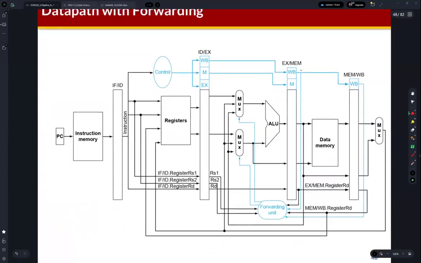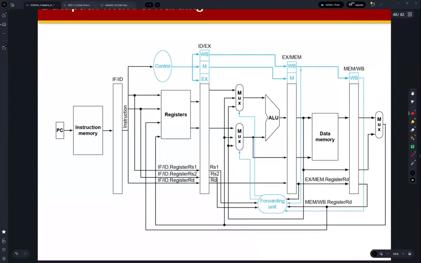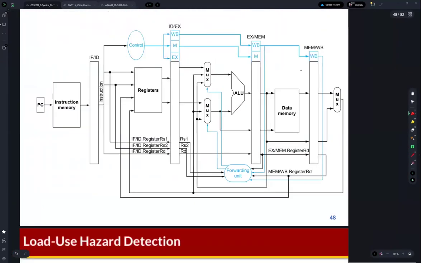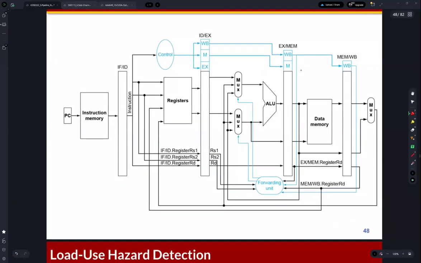Okay, so this is the final implementation of the data forwarding, right? You can find the forwarding unit here, and the forwarding unit receives the RS1 and RS2 in the EX stage, and then it receives the RD in the memory stage, and the RD in the write back stage.